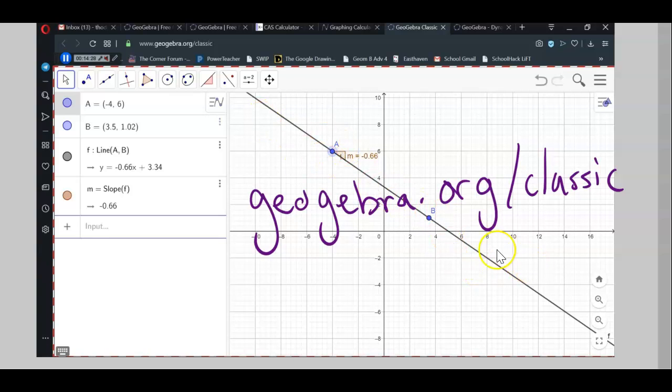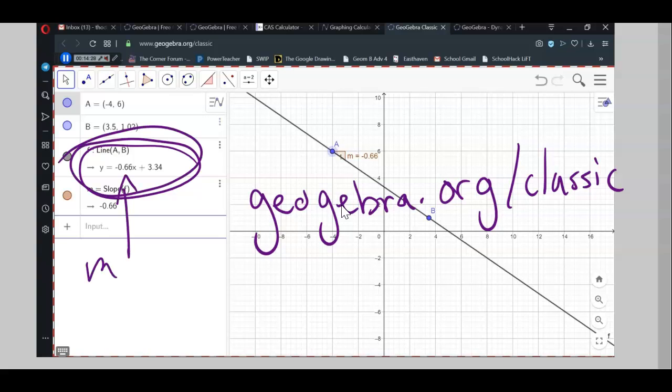But if you keep going, remember that the next step is to make sure they tie this back to the idea that this is a pattern. I want my kids to understand this just describes a pattern. This part tells me how it moves for each x, and this part right here tells me where to begin on the y-axis.